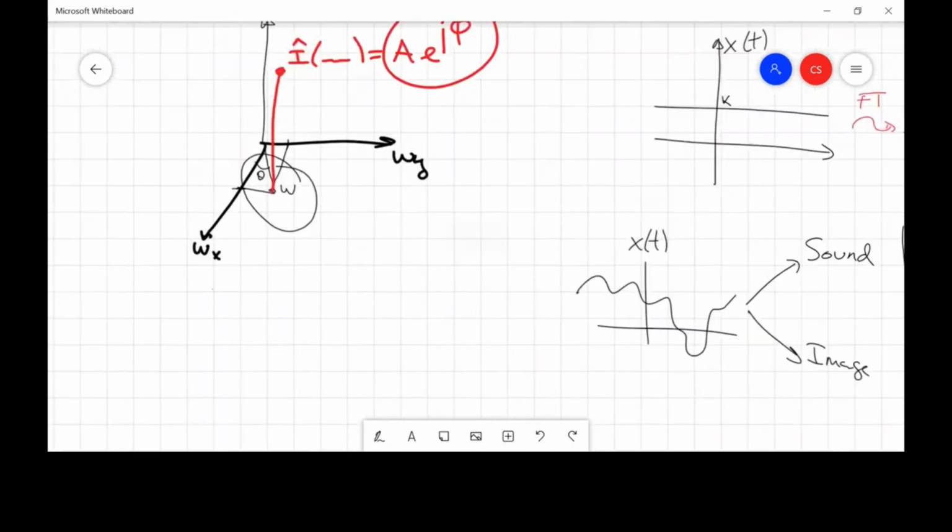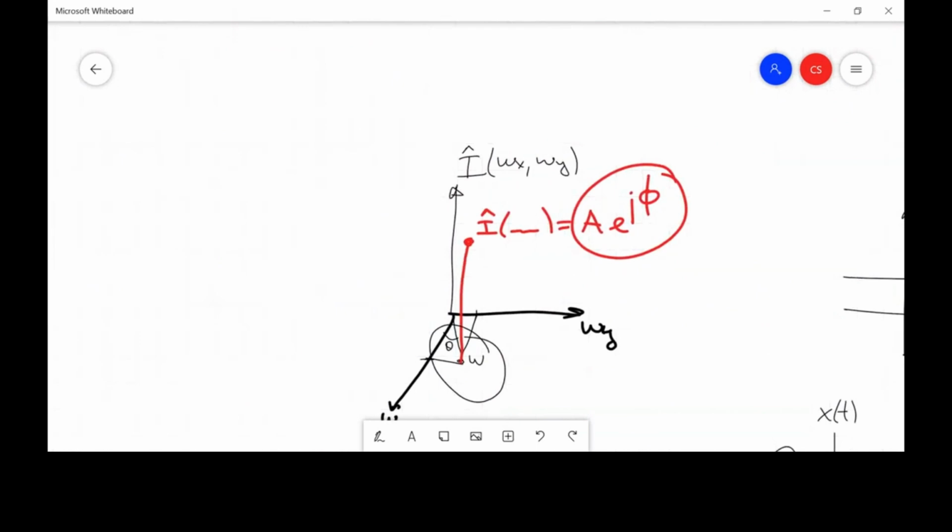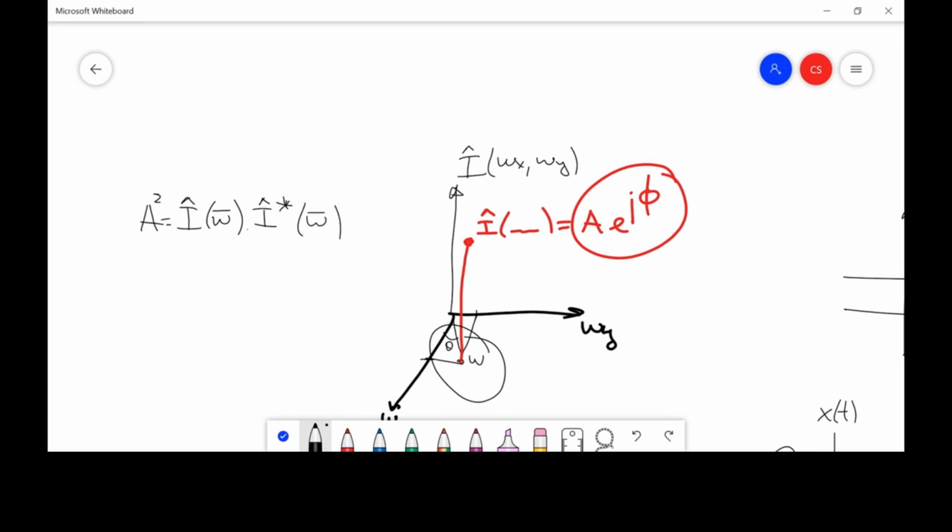Okay, so let's put it here. You have an image, you have the Fourier transform at a particular point, and then you want to compute A. A very simple way is to compute A squared, that is I at that location, multiplied by A complex conjugate at that location.